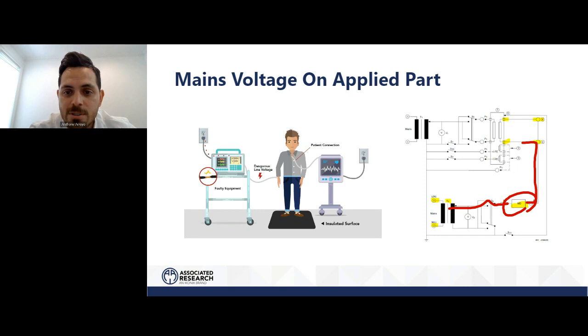What type of leakage do I see? And this is what I referred to earlier. I'm on a hospital bed, or I'm in some sort of floating state where I'm connected to a patient connection that's intended to be there, but now I've somehow accidentally come into line voltage from another source, right? What type of leakage will I see?